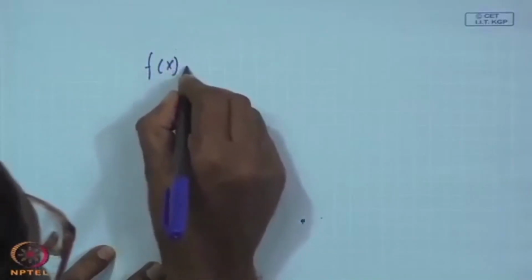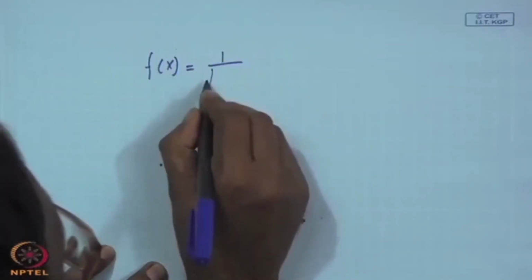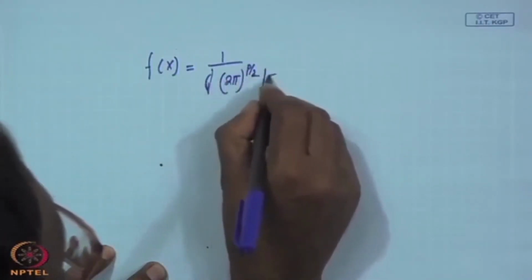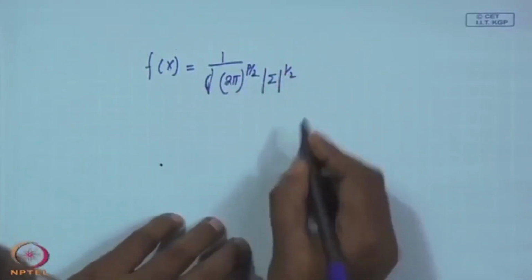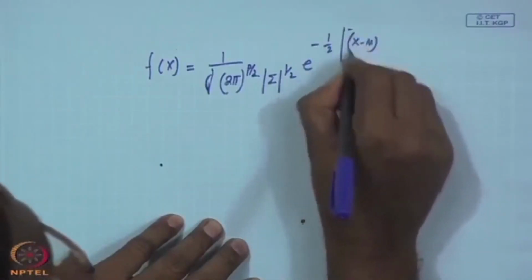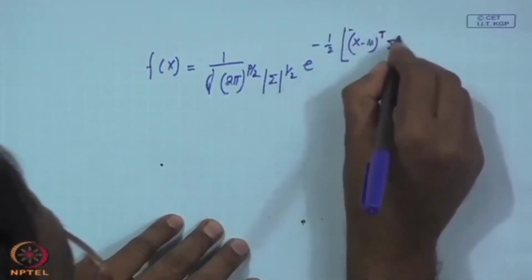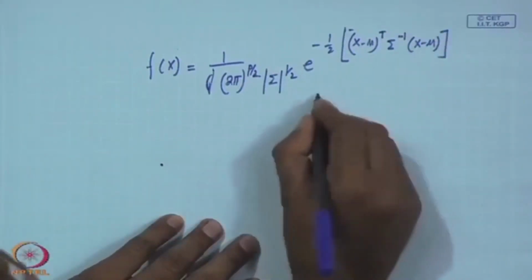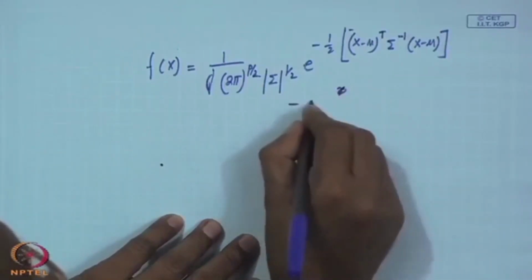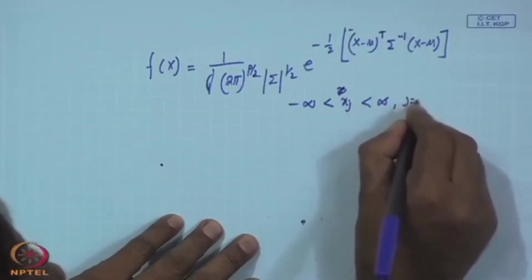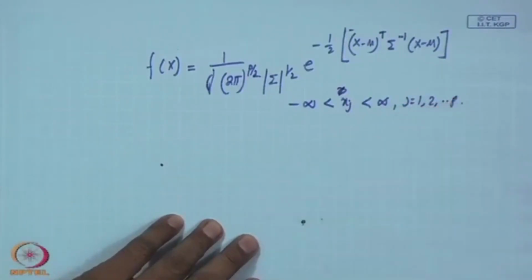First of all you must know that your multivariate normal density is 1 by (2 pi) to the power p by 2, then the determinant of the covariance to the power half, e to the power minus half (x minus mu) transpose sigma inverse (x minus mu), and definitely x_j lies between minus infinity and infinity, j equal to 1 to p.